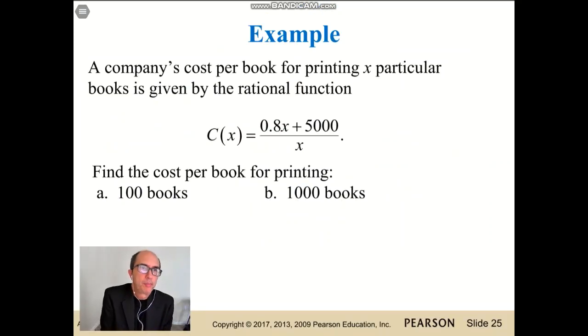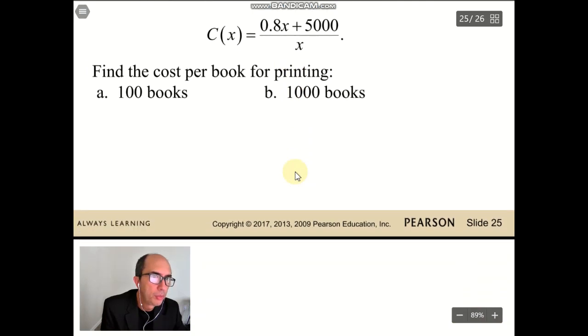Let's work another example. A company's cost per book for printing x particular books is given by the rational function C of x equals 0.8x plus 5,000 over x. Find the cost per book for printing 100 books and 1,000 books.